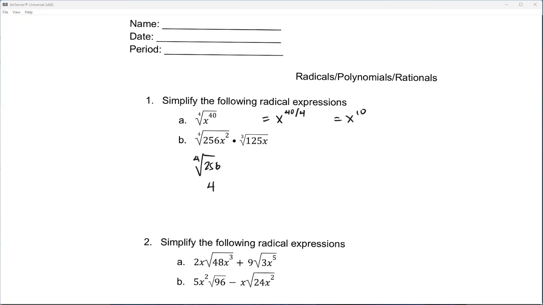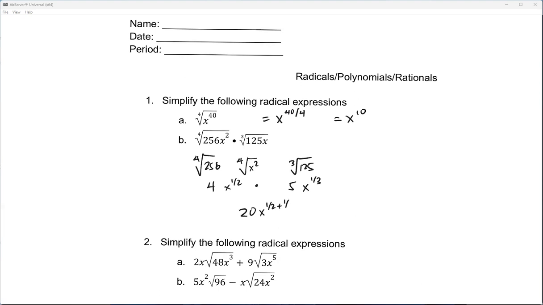And then the 4th root of x squared is equal to x to the 1/2 power, times the cube root of 125, which is 5, and then the x to the 1/3 power when we convert it as a fraction. So when you multiply it out together, it'll be 20x to the 1/2 power plus 1/3.